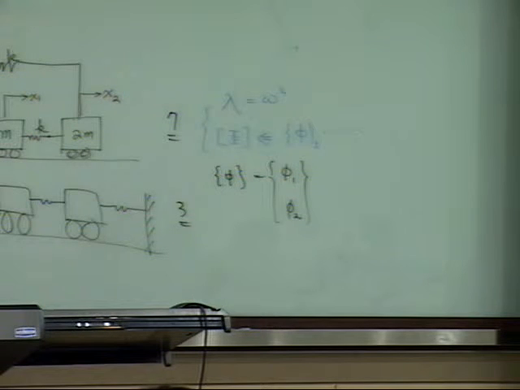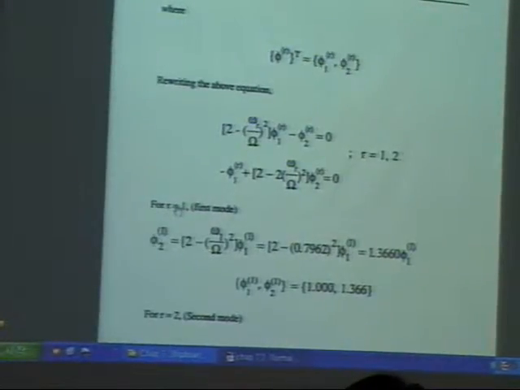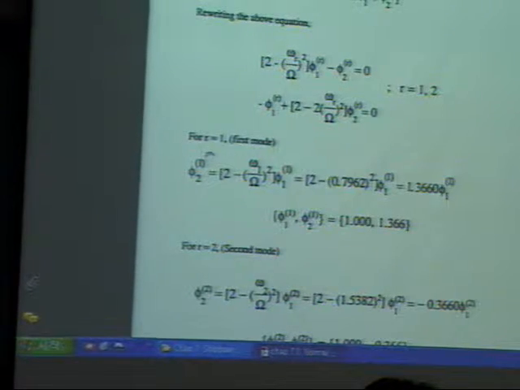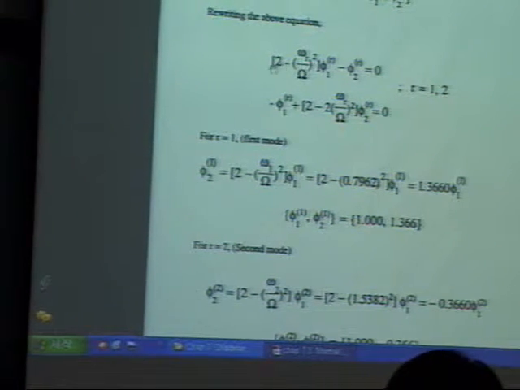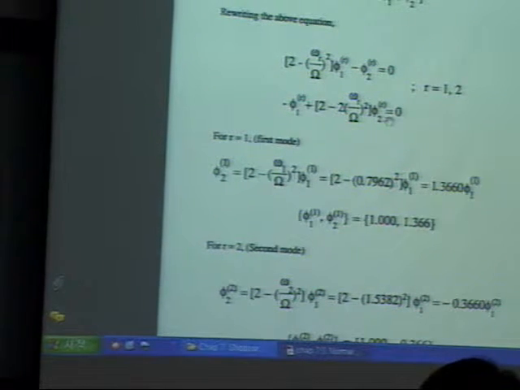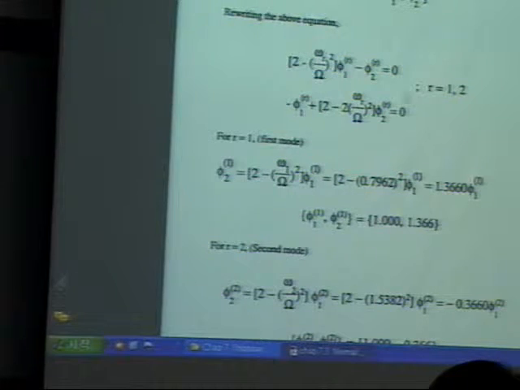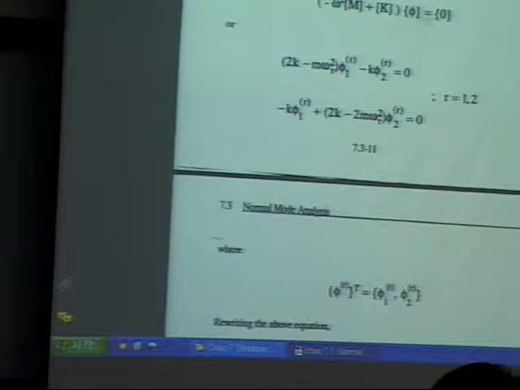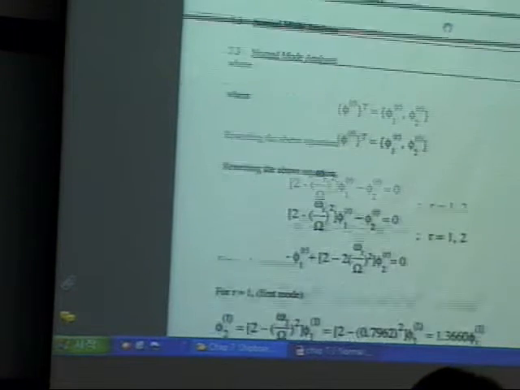From here, substitute R equal to 1 first for the first mode, then R equal to 2 to get the second mode. It doesn't matter whether you use the first or second equation. It's identical because the right hand side is equal to 0, as you see here.